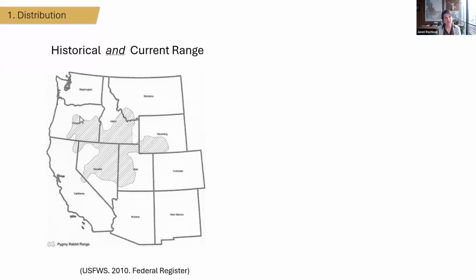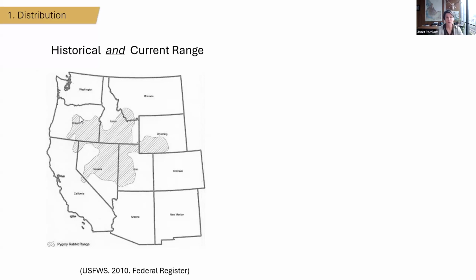One thing I think it's really important to distinguish is a range versus a distribution. So this is an outline of the extent of the area occupied, but it doesn't really tell us anything about the distribution within that outline. And I should also preface that this doesn't include the Washington distinct population that's in the Columbia Basin.